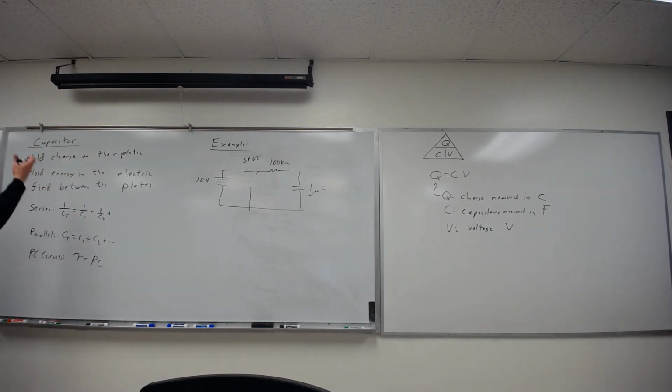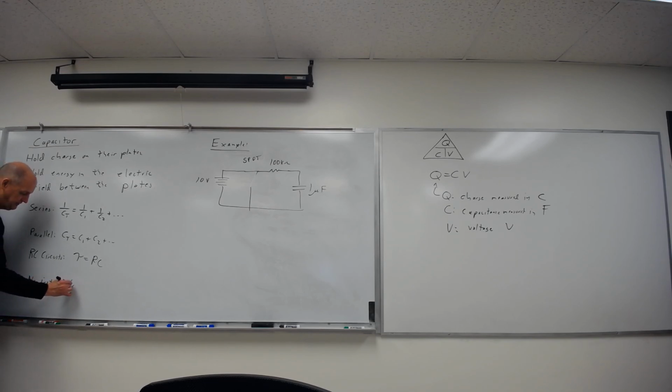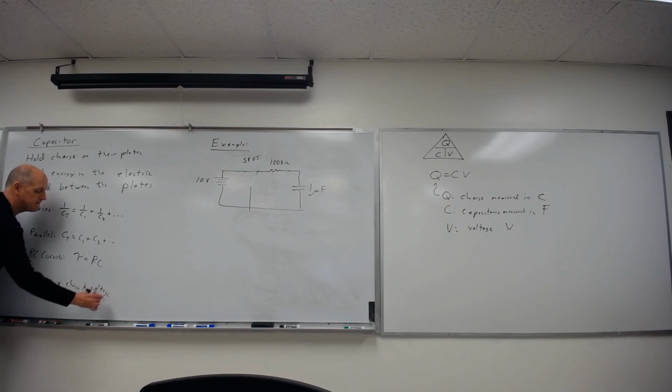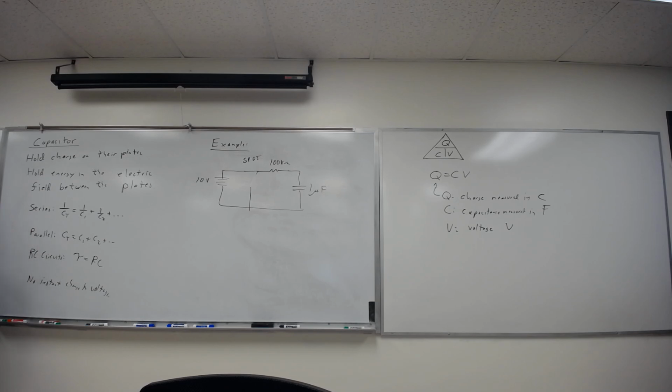Now, one of the things it didn't say on this capacitor yet is no instant change in voltage. So I had all those capacitors by themselves, circuits. We're just like, okay, it's hooked up. This is what it does.